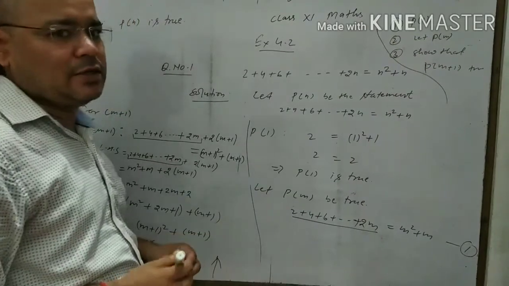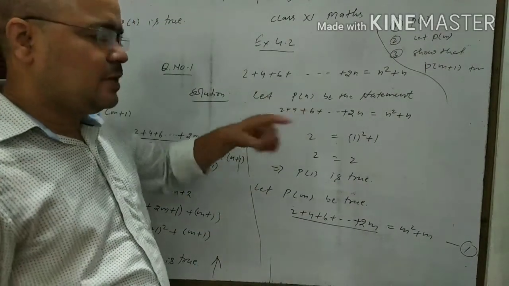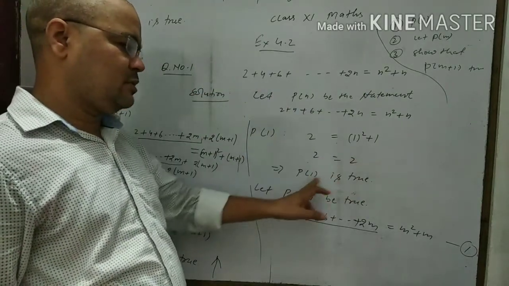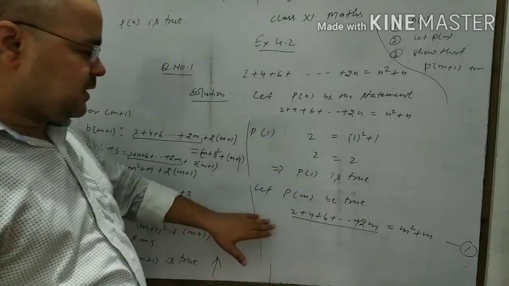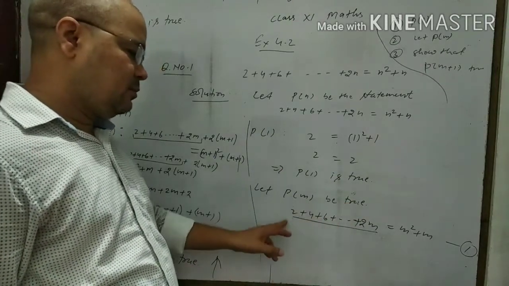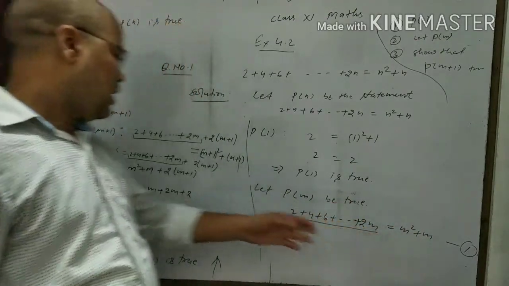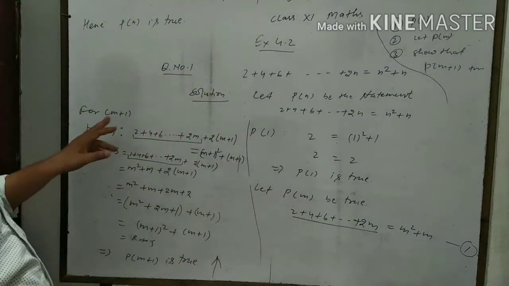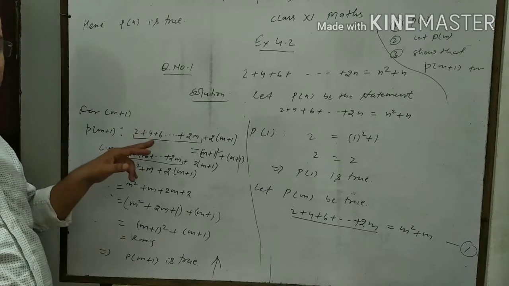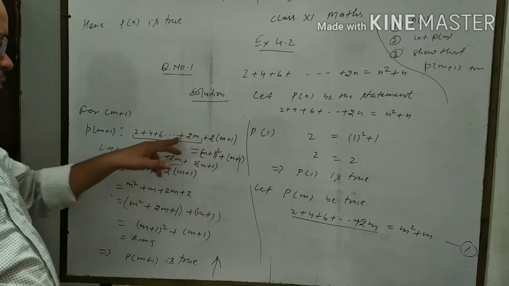Whatever we are doing, we just show that the given statement is true for n is equal to 1. Here left hand side is equal to right hand side, it means P1 is true. In the second case, we just assume that Pm is true, and according to m, the statement will be changed. At the place of 1 we put m, and then we try to prove that for n is equal to m plus 1, the statement will be like this way.